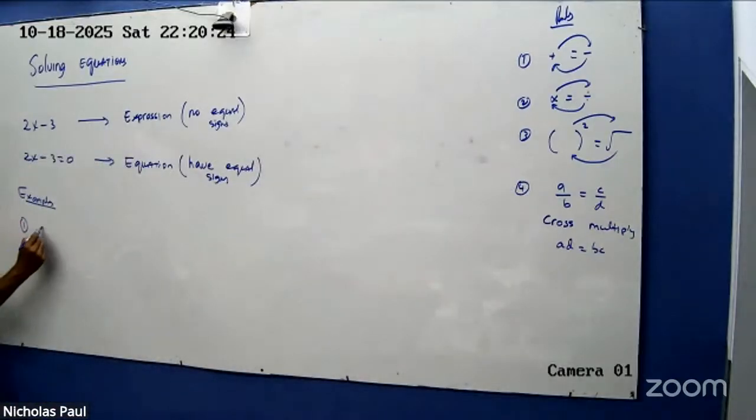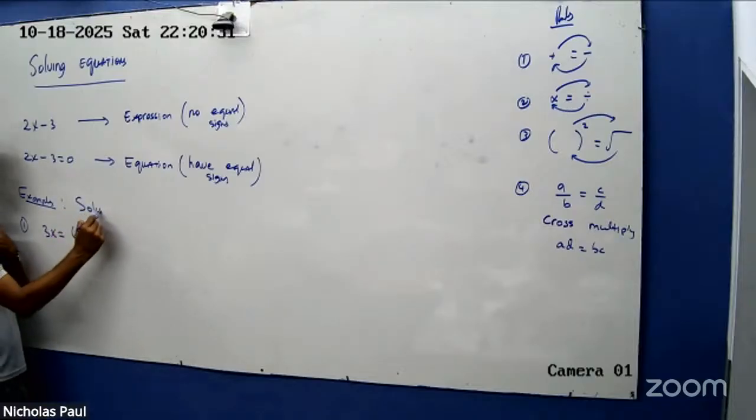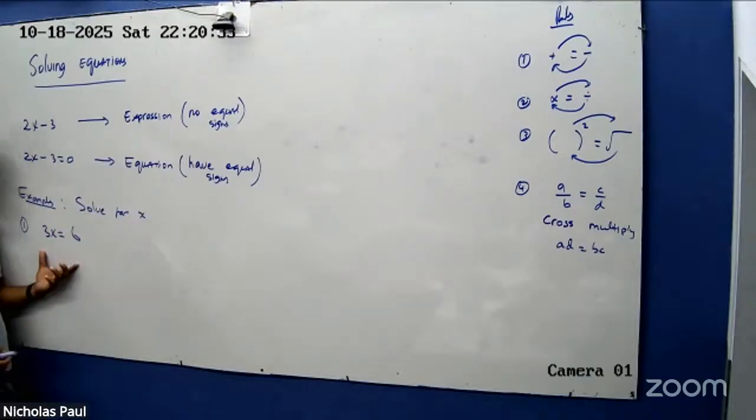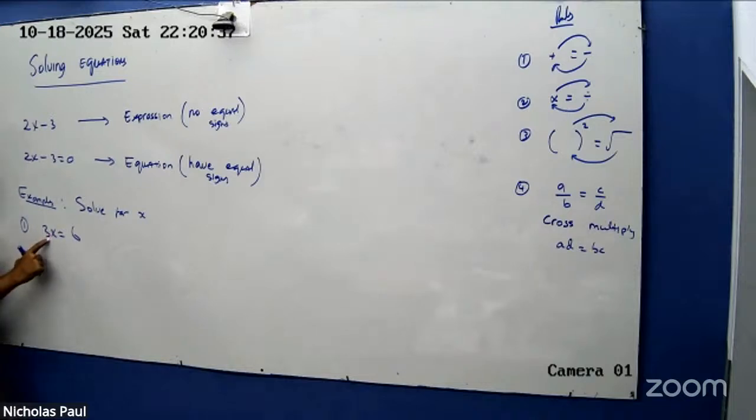Let's start here. 3x is equal to 6. So we're solving, we're going to solve all of these. What are we going to do here? This is 3 multiplied by x. That's okay?